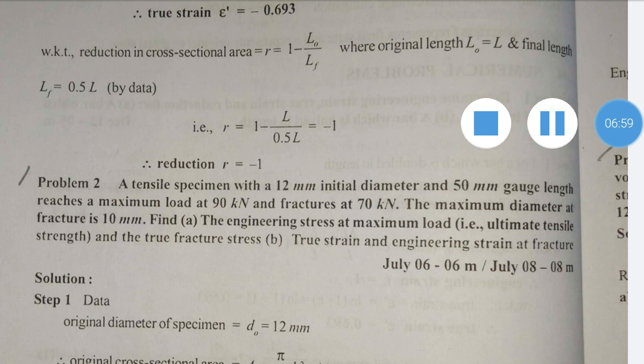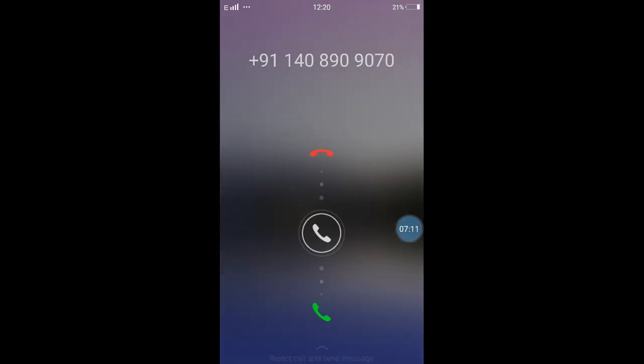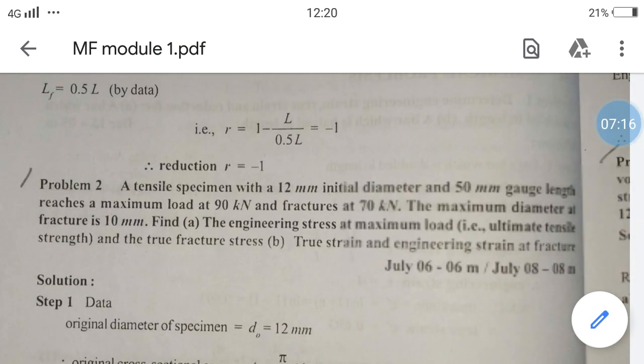The maximum diameter at the fracture is 10. Initially, the tensile specimen before testing is 12. After that, when it fractures, that time it will reduce to 10.